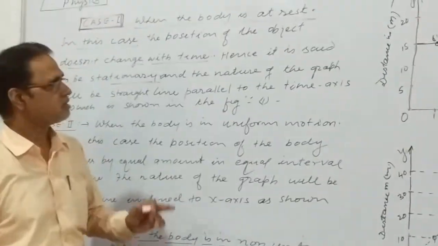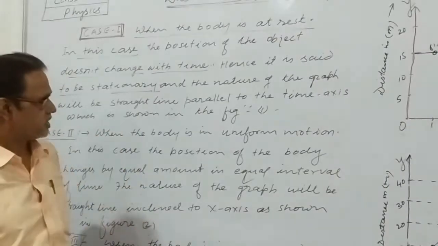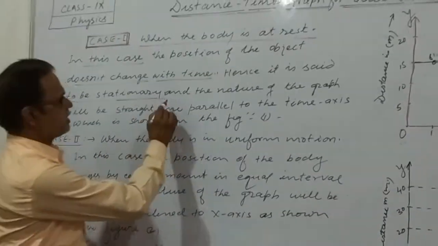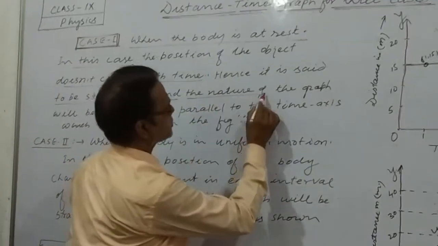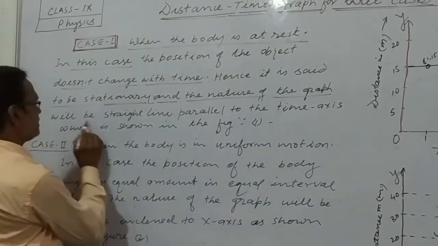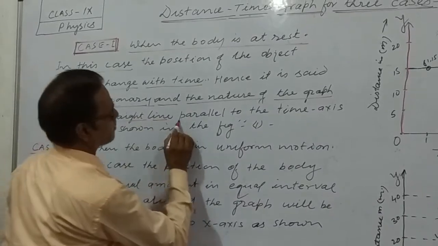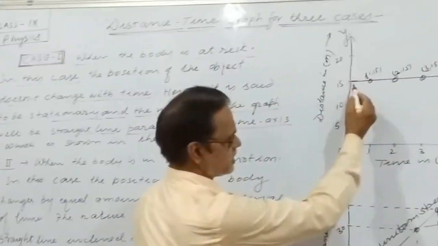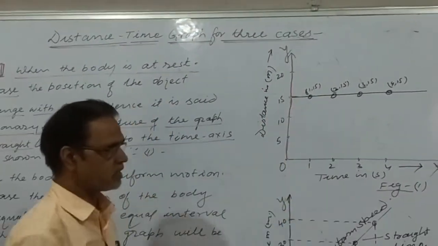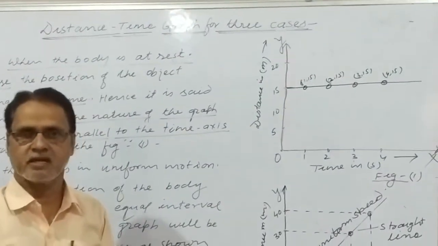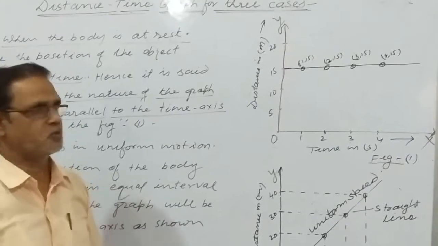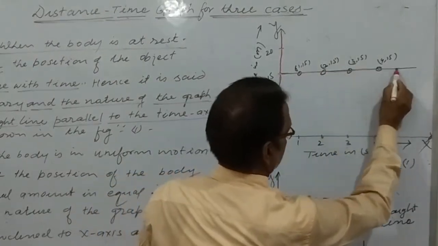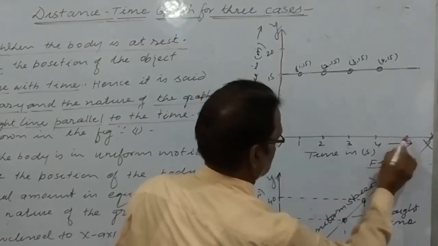So when the body is at rest, it is said to be stationary, and the nature of the graph will be a straight line parallel to the time axis. देखिए इसका नेचर कैसा है? The nature of the graph will be a straight line parallel to the time axis. Okay, this is a straight line and this is parallel to the time axis.